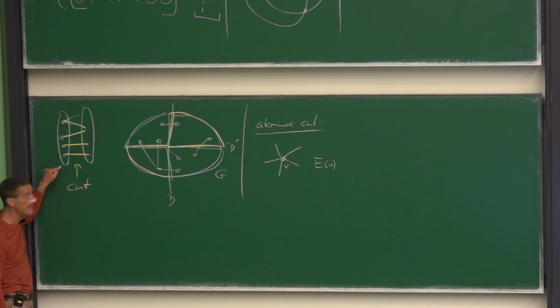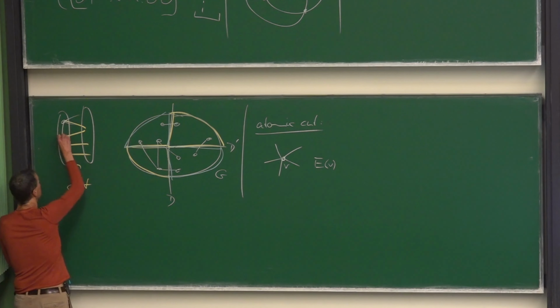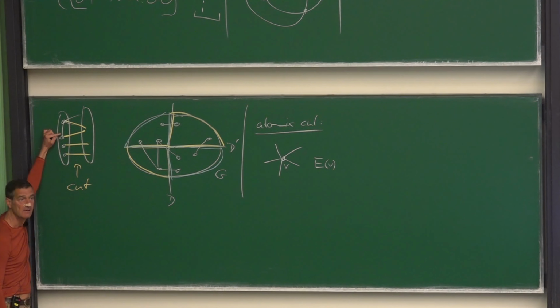And what edges do you get? Well, there may be edges in here, but you get those twice. You get those in E of this v, and you get it in E of this v, in 2 atomic cuts.